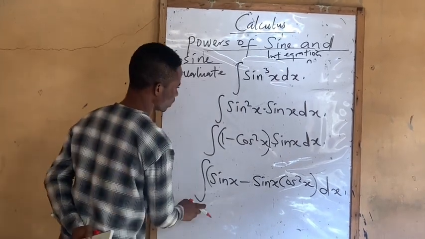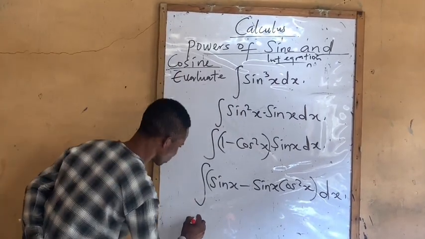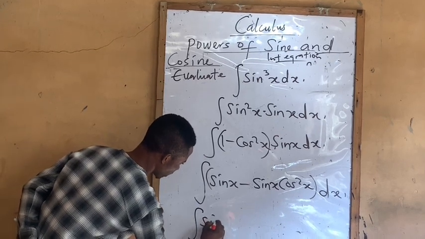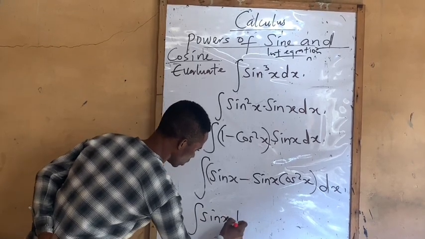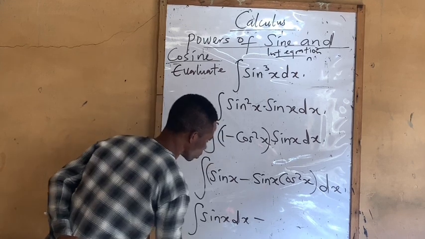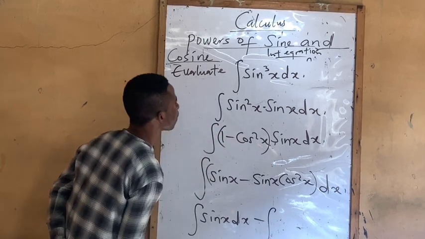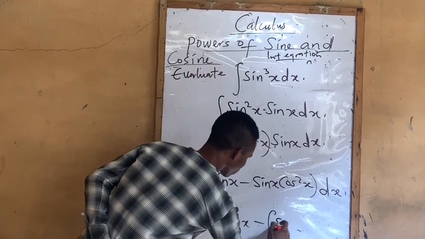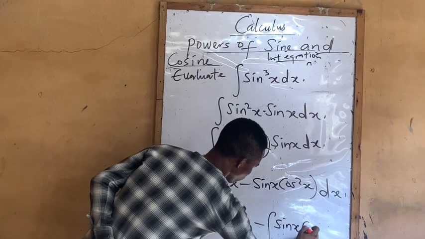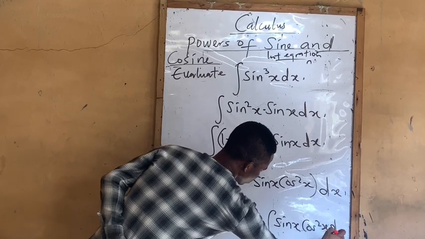That means I can use integral to open the bracket. That means integral of sine x dx minus integral of sine x cos square x dx.